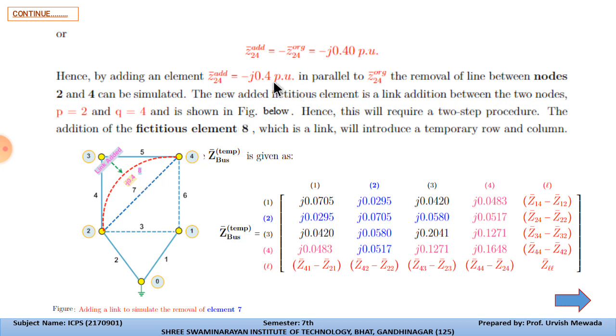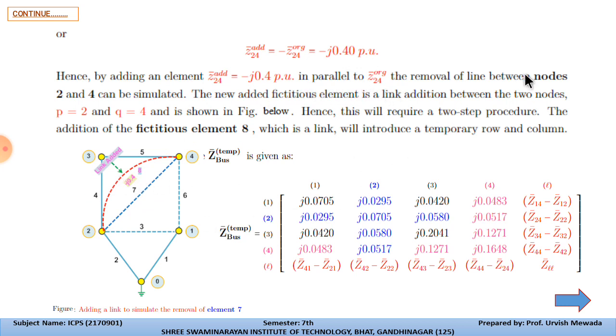This means Z24 additional is equal to minus Z24 original, so it is minus j0.40 pu. Hence, by adding the element 24 equal to Z 0.4 pu in parallel to Z24 original.